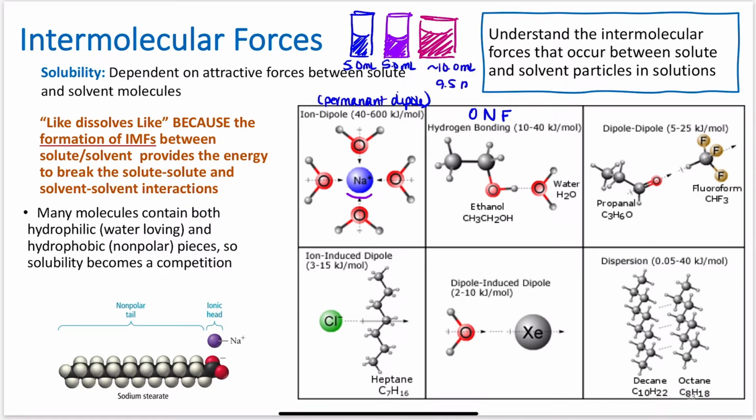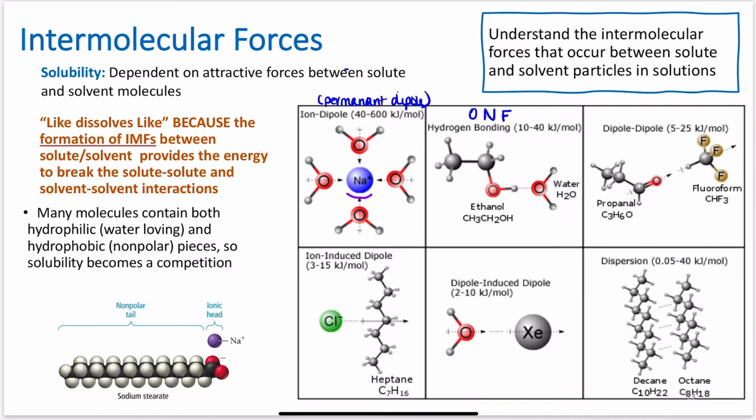What you're actually going to find is you're going to get 9.5 mL of total solution. Water and ethanol like each other so much, they fit together better than they do by themselves. They fit so well together because of the IMFs holding these solutions together. So hydrogen bonding again can occur between different species as well.